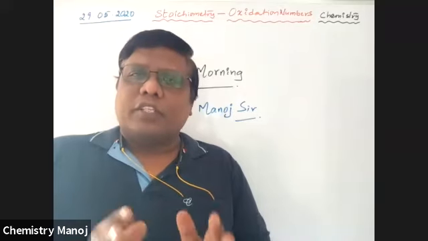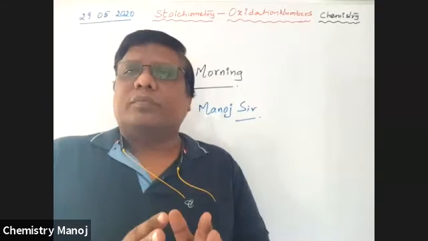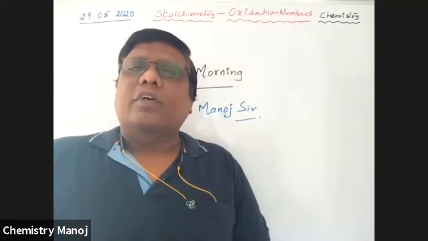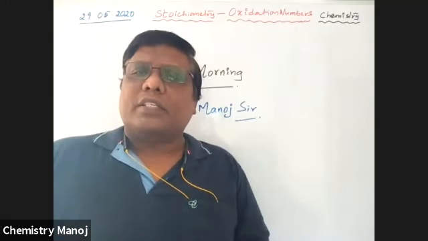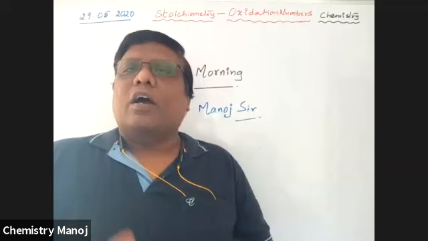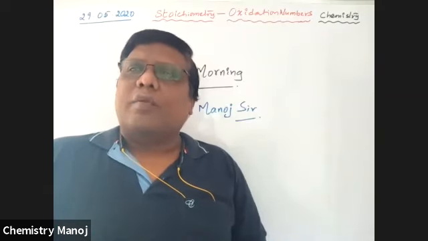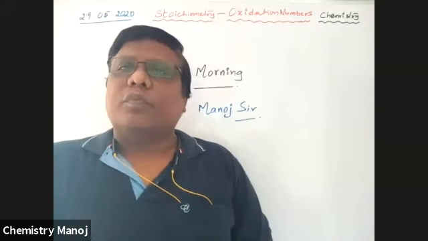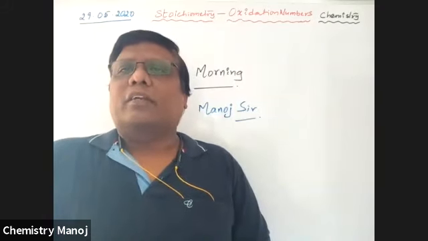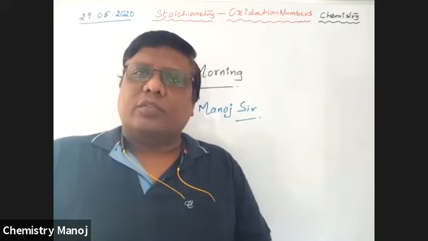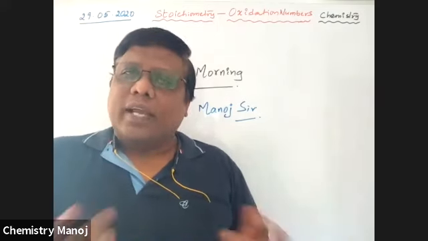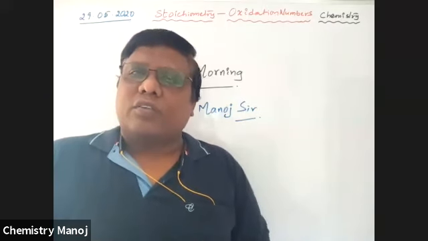By using some standard rules, here we are going to derive other unknown elements' oxidation numbers by using some elements' oxidation numbers. Now I am going to explain what those standard rules are, and then a number of examples to find out.